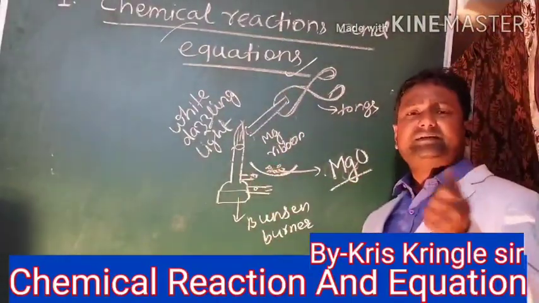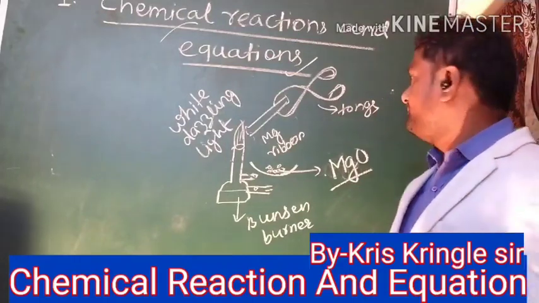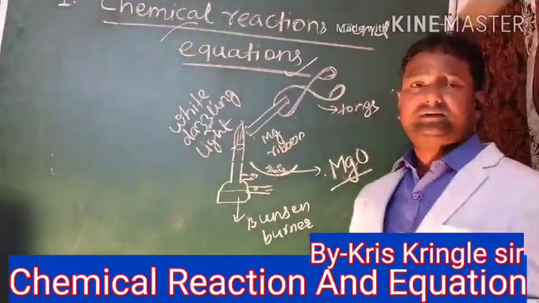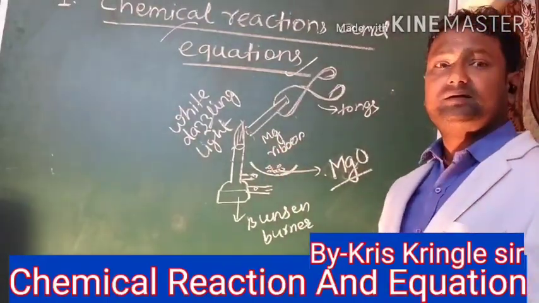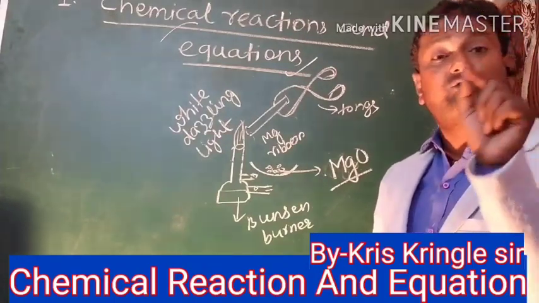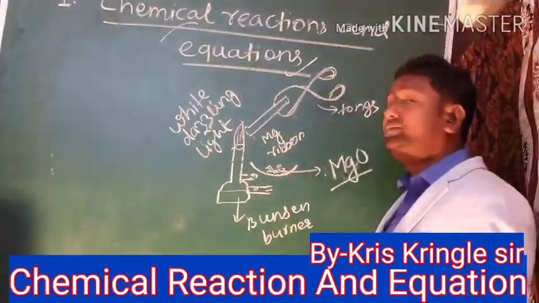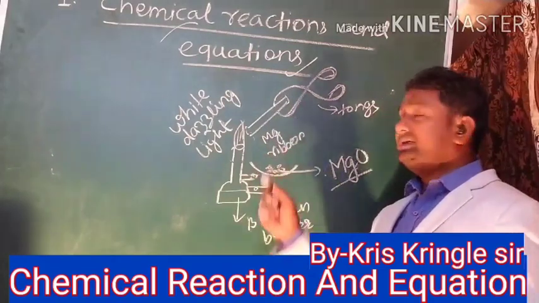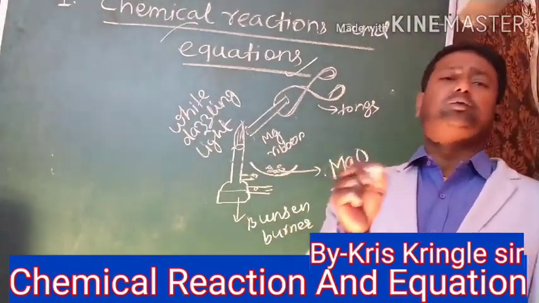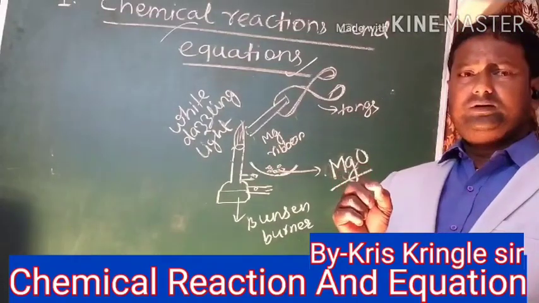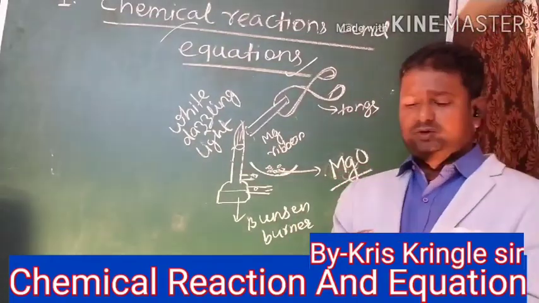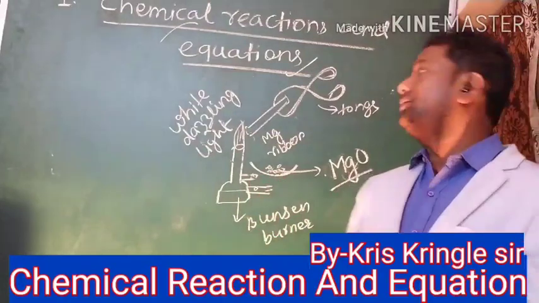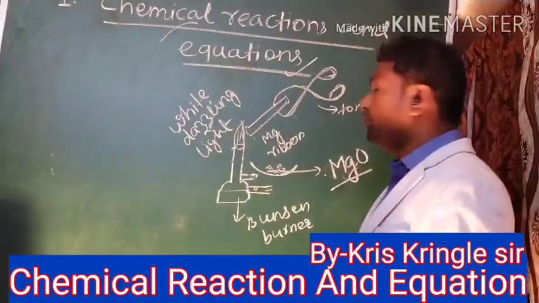Now let us understand, in examination questions are asked like this: why is magnesium ribbon cleaned before burning? Magnesium ribbon needs to be cleaned with sandpaper before burning it. That means without cleaning it, we can't burn it properly.